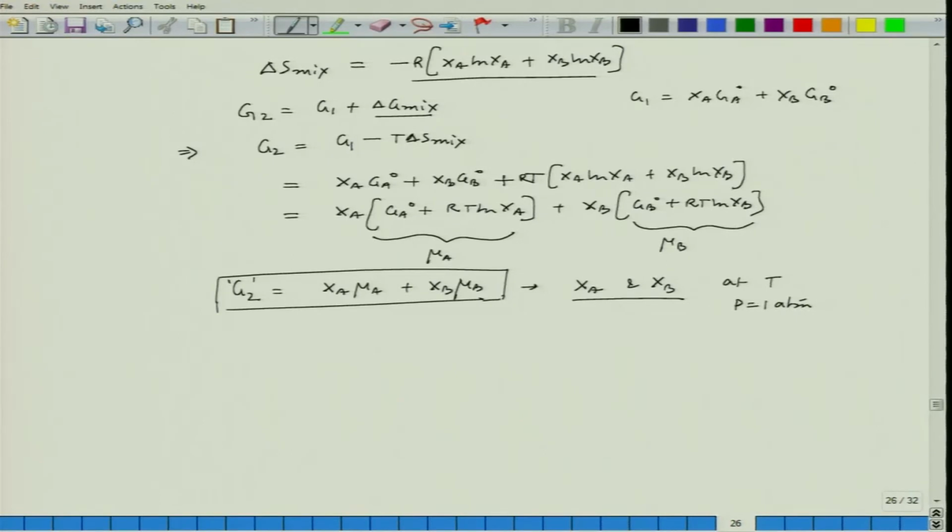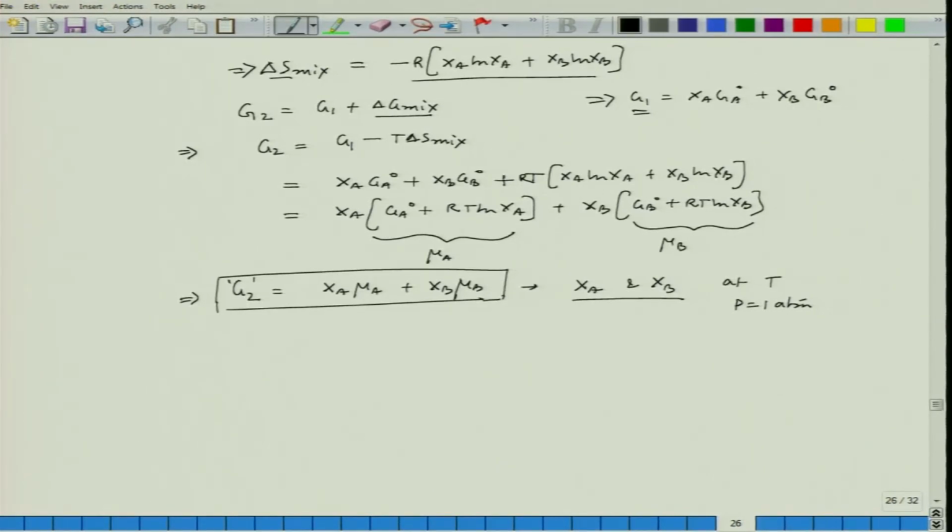Physically, we have to understand what is this G 2. We have to see the graphical representation of all these equations. So, this is coming from del S mix and this as well as this. From the graphical representation, we can also get to this, and that would give clear cut picture how physically this G 2.